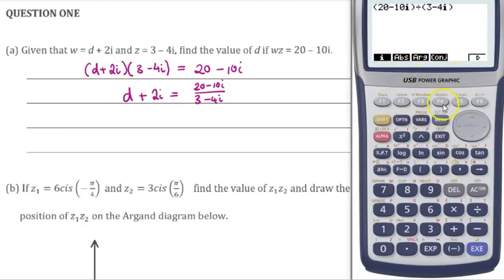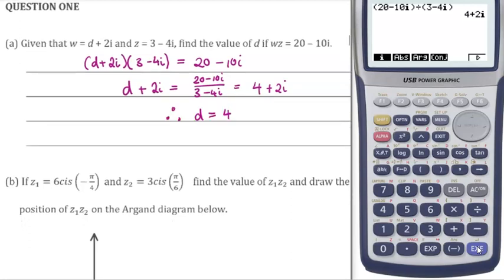There's a few other options under the complex menu that you can do various things with, so it's worth getting familiar with them. If we press enter, that goes to 4 plus 2i. So that division there is 4 plus 2i. If we equate that to d plus 2i, that means that d is now the 4. We're just comparing this thing on the left with this thing on the right, so the 4 must be d.